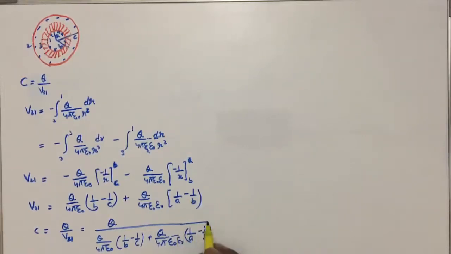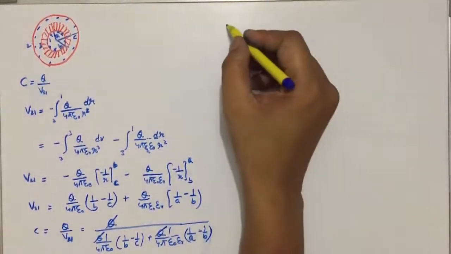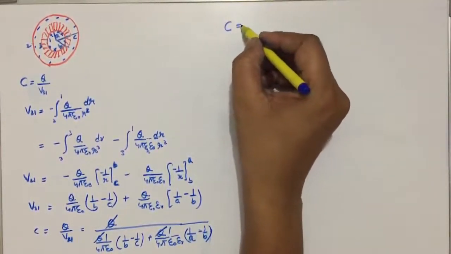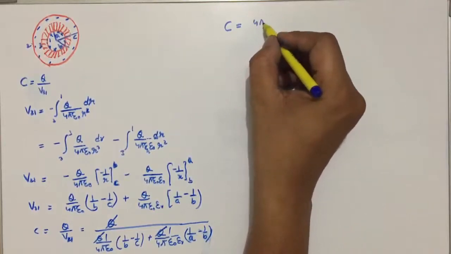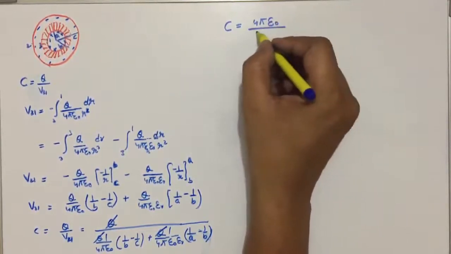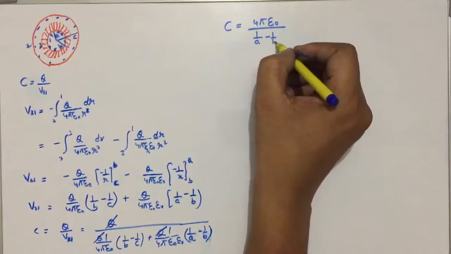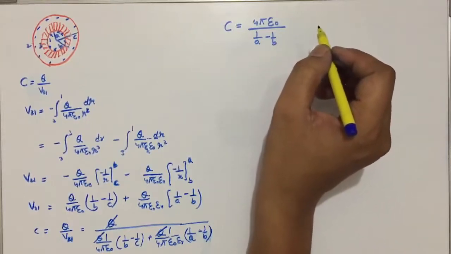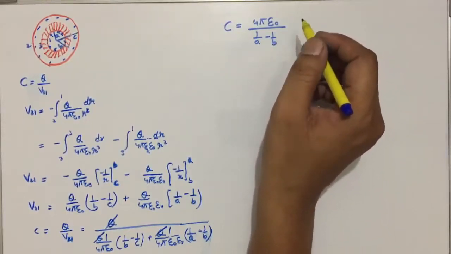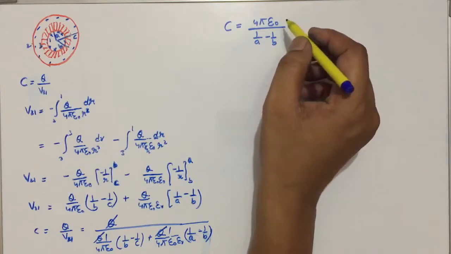If we write this, then in the case of the spherical capacitor, we have derived 4 pi epsilon naught, 1 by a minus 1 by b. It was written there, and we have derived this.